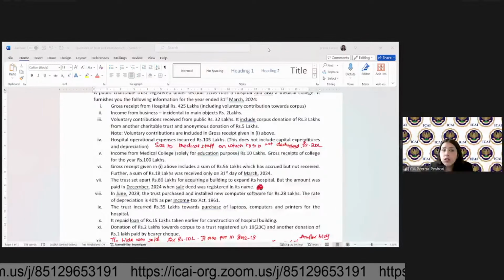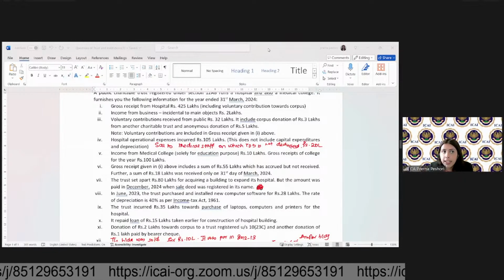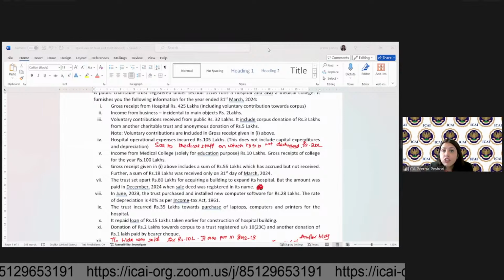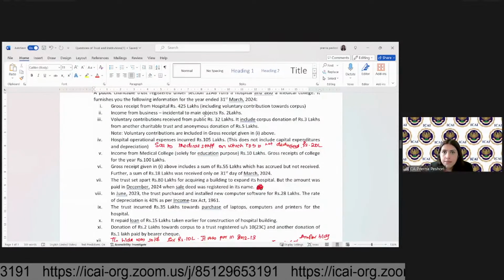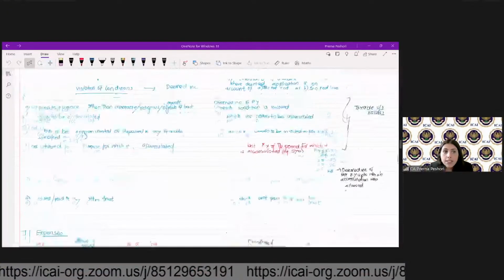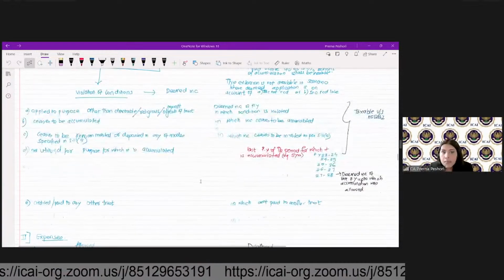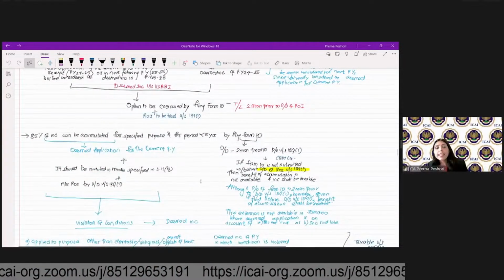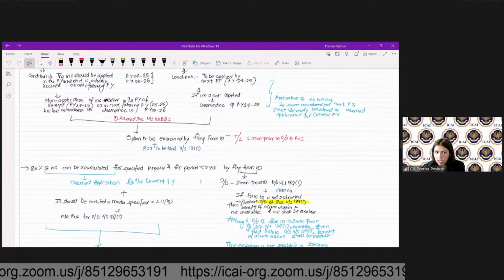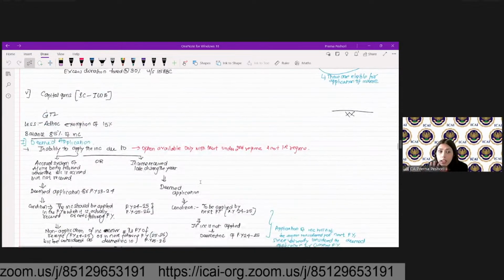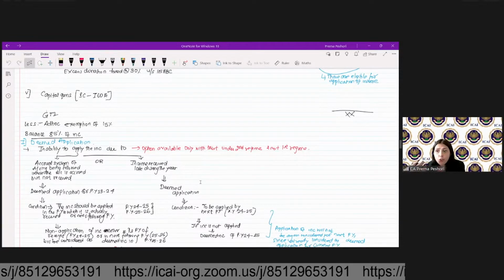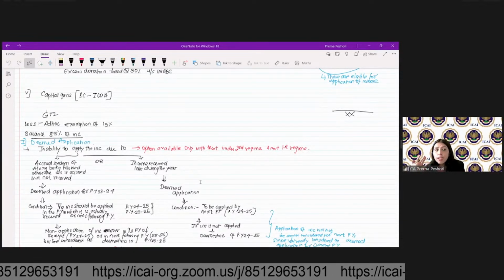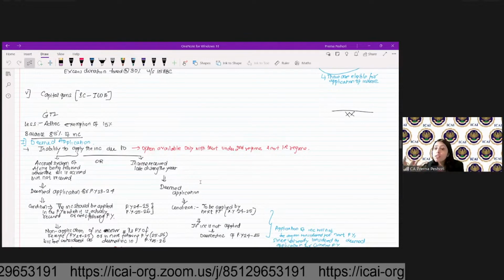Yes. So if you recollect, I told you about the deemed application in the last class, isn't it? So what did we discuss in the last class? We discussed the concept of deemed application. 85% of income will be considered as deemed application if I follow the accrual system of accounting and the income is accrued but not received.